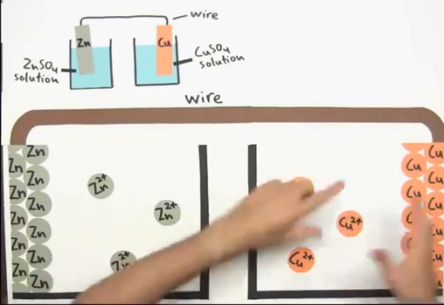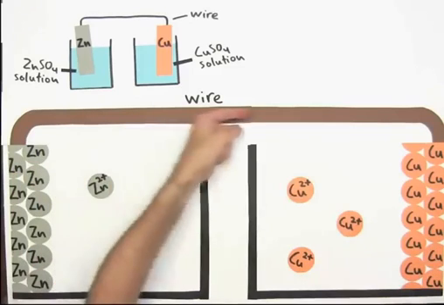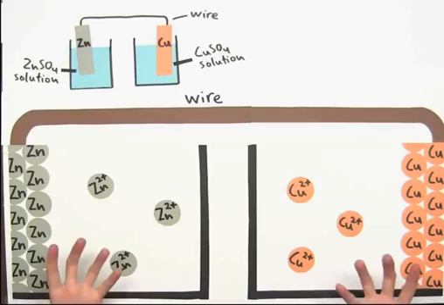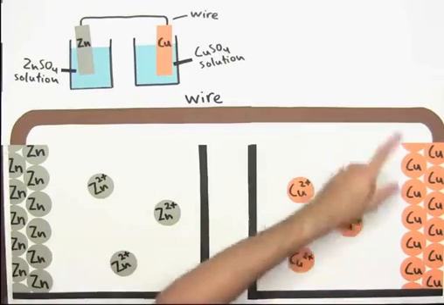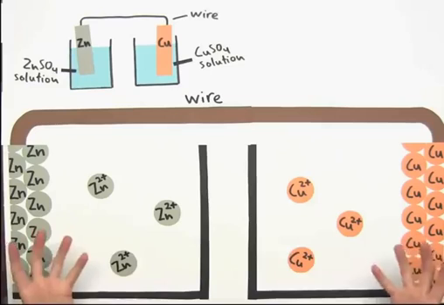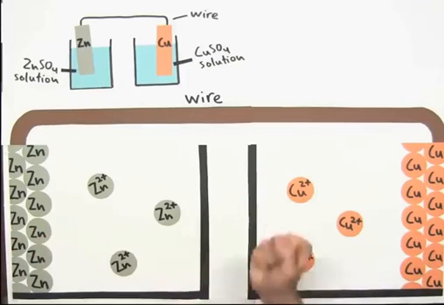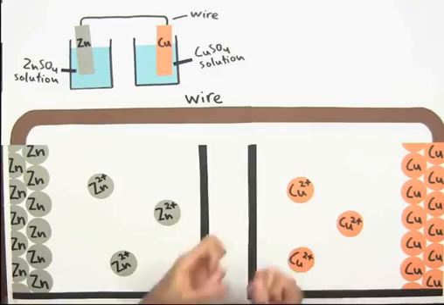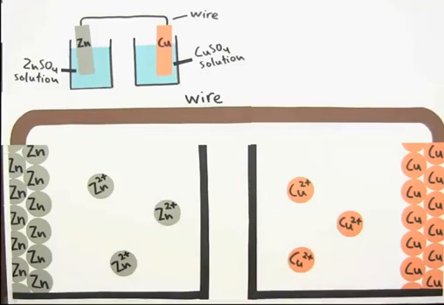And we've said that when we hook everything together, electrons start flowing through this wire. Well, why is that? Well, when we connect these two pieces of metal with a wire, it kind of starts a tug of war between the zinc and the copper. They're having a tug of war for the electrons. One of them wins and one of them loses.